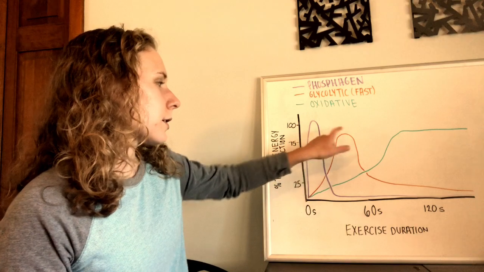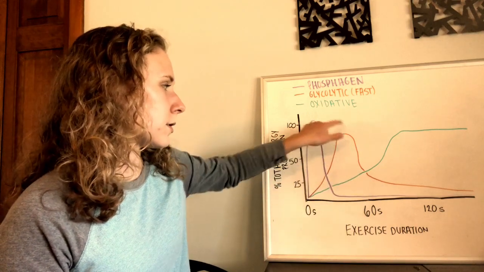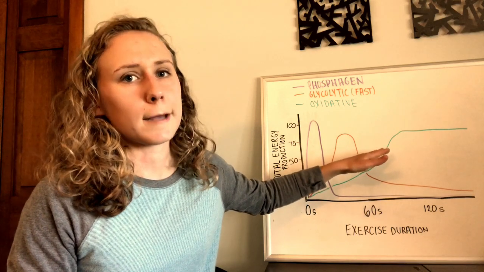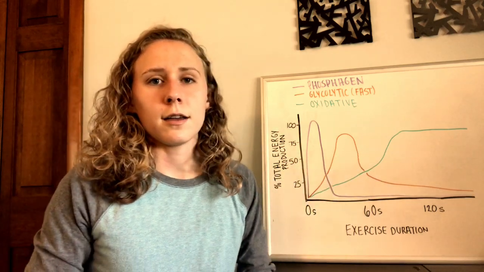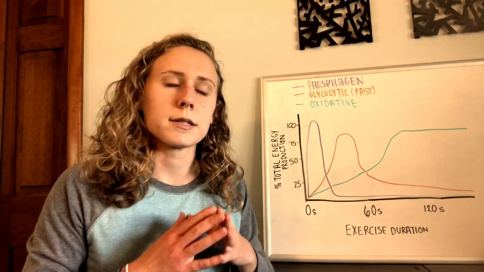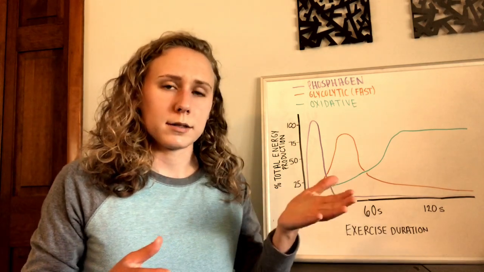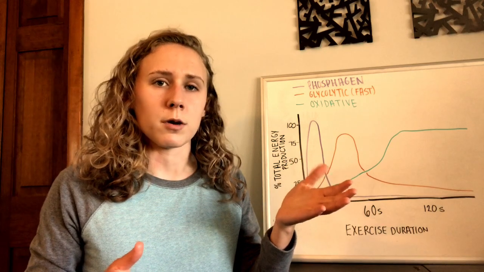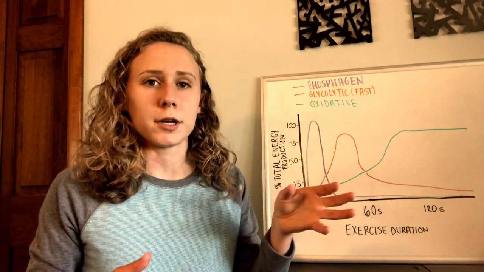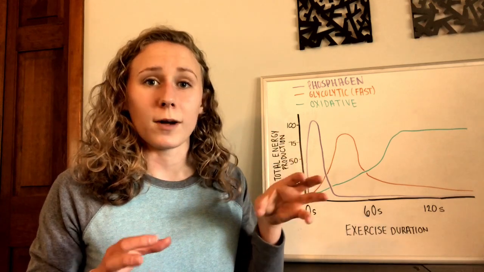And as the glycolytic system starts to deplete, the oxidative system begins to kick in. That's good for anything over 3 minutes in length, varying in intensity, because when you have a more intense exercise that's going on for a longer time, your body will run off of carbohydrates to supply the body with energy quickly.